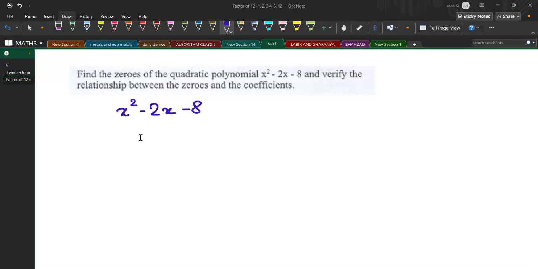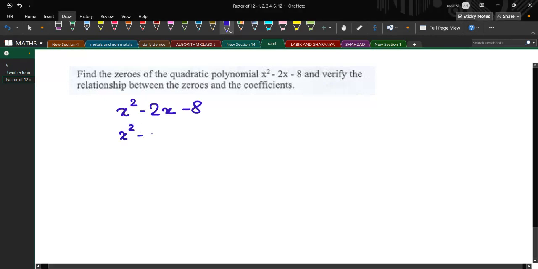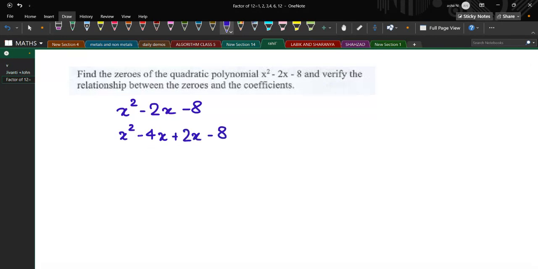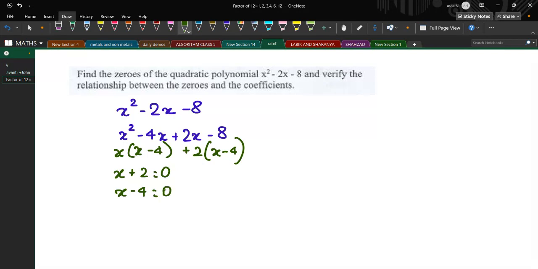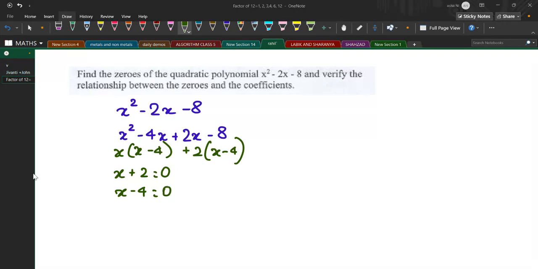So 4 twos are 8, 4 minus 2 is 2. So x square minus 4x plus 2x minus 8. One we took minus, one we took plus because we have to do subtraction, and 8 is minus 8. So now x is common: x minus 4 plus 2. 2 fours are 8. So x plus 2 is equal to 0 and x minus 4 is equal to 0. So x is equal to minus 2 and x is equal to 4.